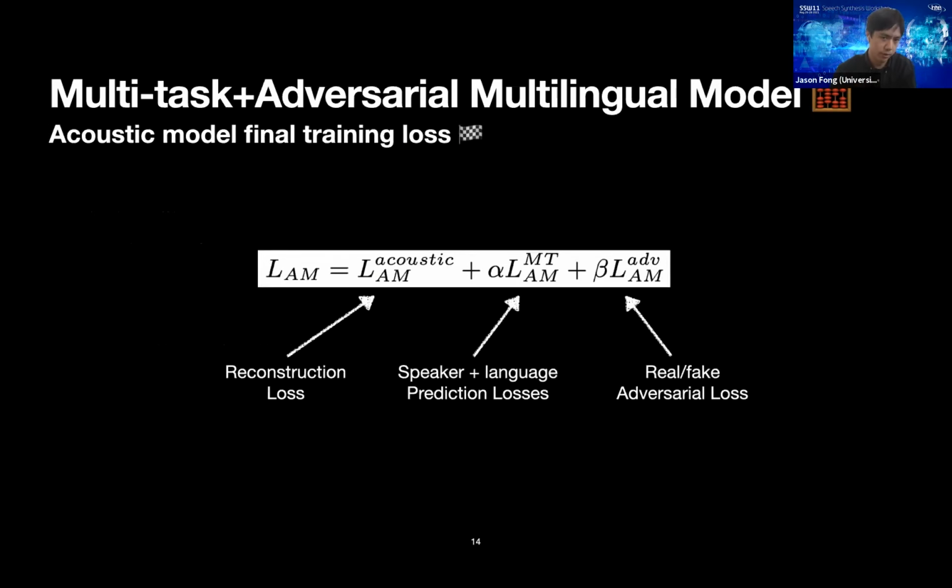And here's the overall loss function. More details of each component can be found in the paper. But it's basically a reconstruction loss, and then the multitask losses to help the acoustic model utilize speaker and language information. And then we also have the adversarial loss, which tries to prevent the acoustic model from cheating at this multitask speaker and language prediction task.